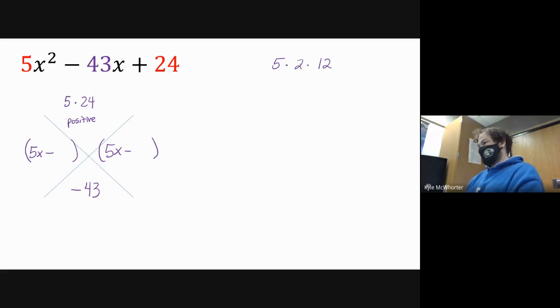This won't do it. So instead of 2 times 12, maybe I'll think about it as 4 times 6 to get 24. So we could do 20 and 6, but that only adds up to 26. What if we did 24 as 3 times 8?